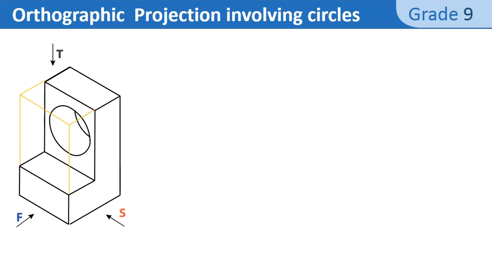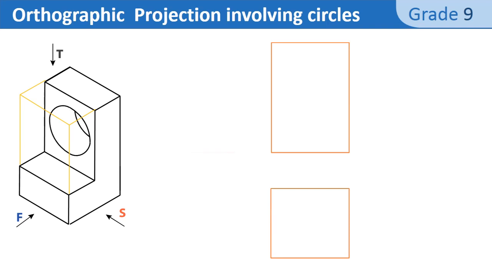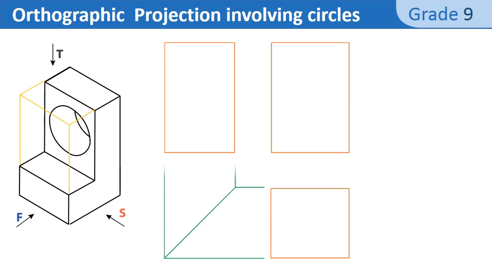Now, draw the crate for all three views. You will have to measure the maximum height, maximum depth, and maximum width of the isometric block. So, as the direction of the front is to the left, we draw it on the right.